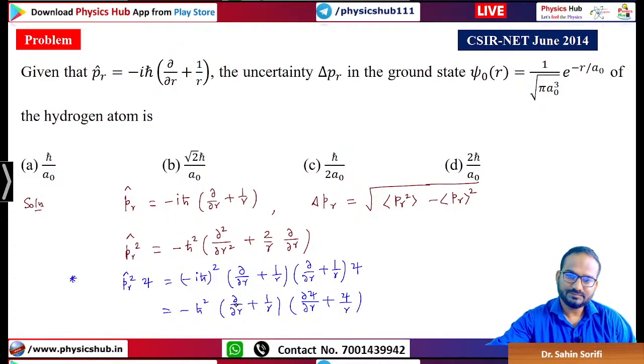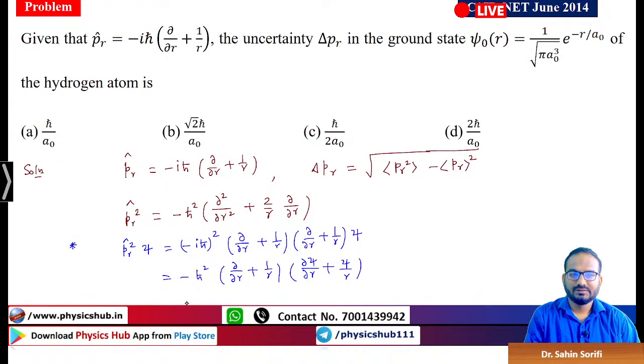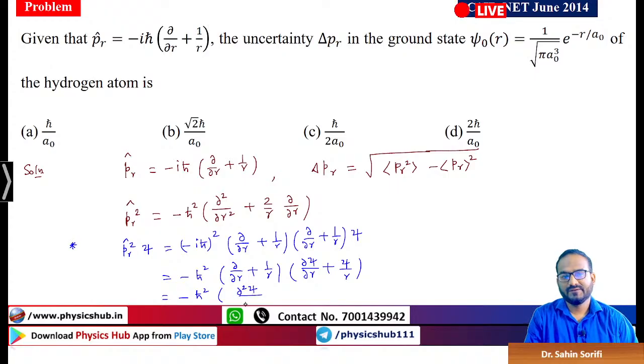Okay. Now, if you just expand this, minus h cut square. Now see del r of del psi del r. So this is del square psi by del r square plus next del r of psi by r.